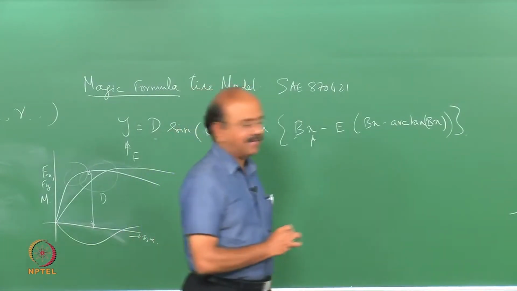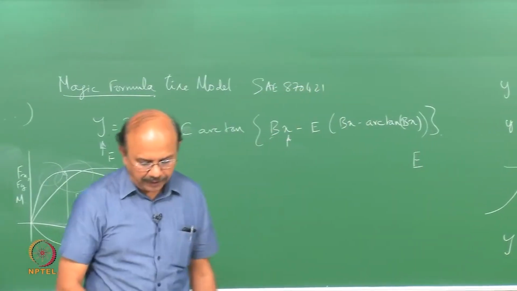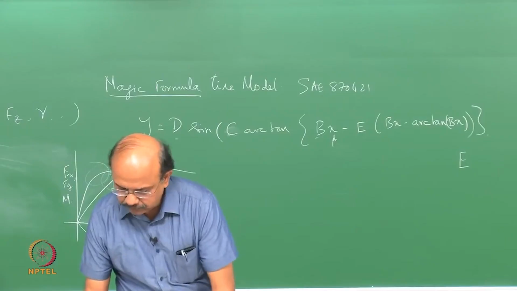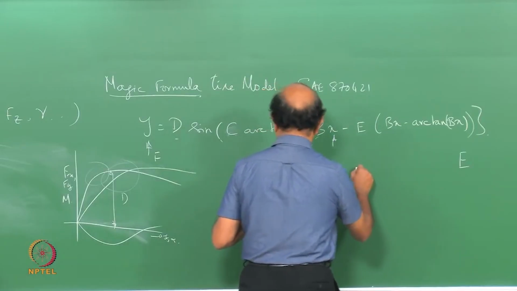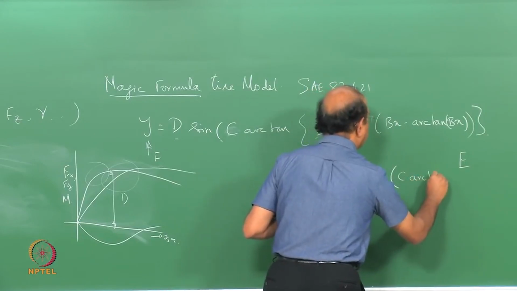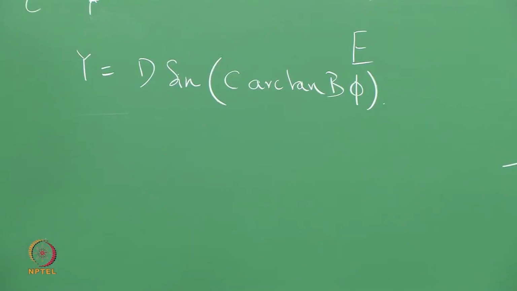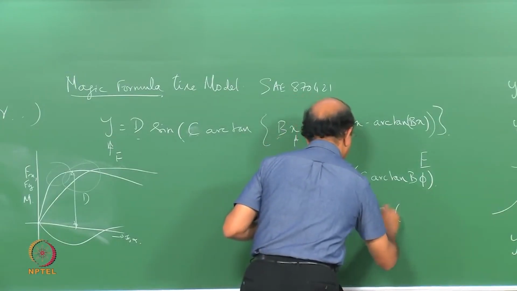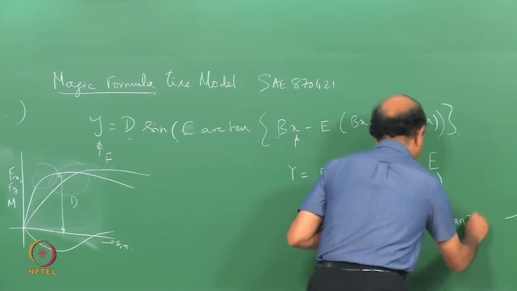Let me call that factor E. So I will slightly vary it and write this equation to be y is equal to d sine, I'm going to keep all that constant, arctan, b, instead of x, I'm going to introduce a quantity called phi, and phi is equal to 1 minus e into x plus e by b into arctan bx.